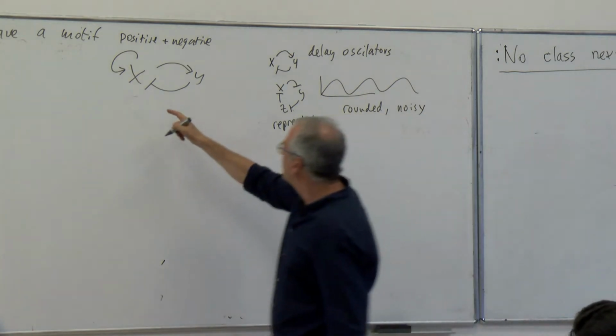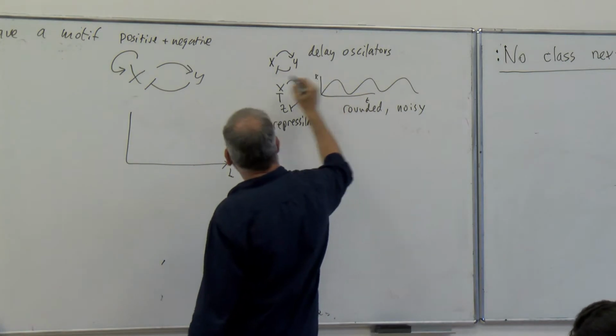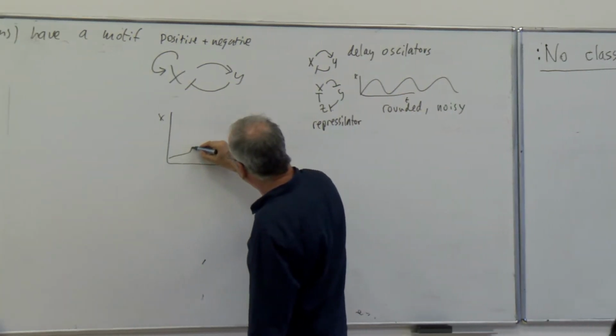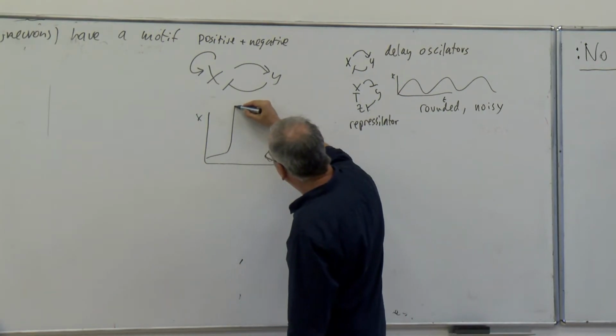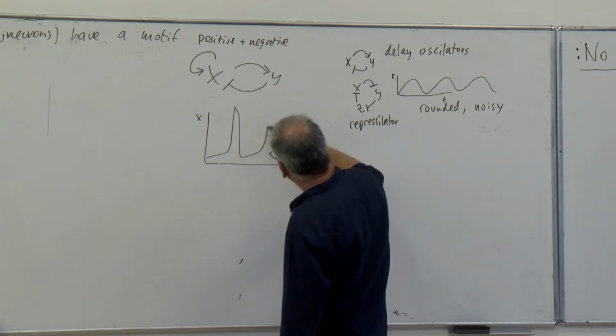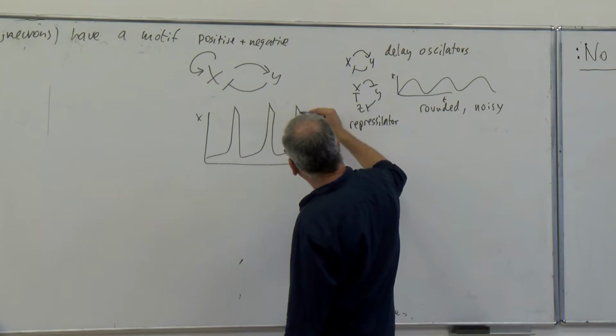But this motif here gives you typically different types of behavior. It looks like this. X rises gradually, then it explodes, and then it falls. And rises, explodes, falls. Explodes, falls.